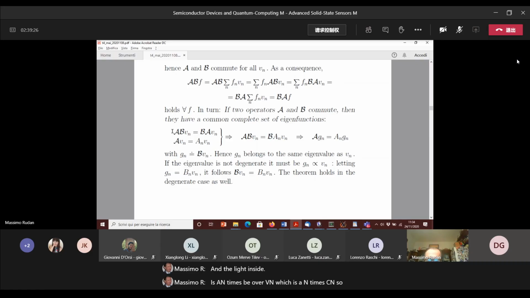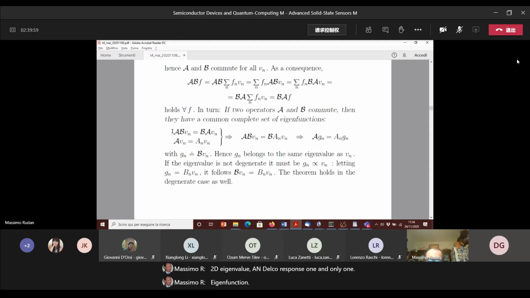So Gn is another eigenfunction of A, okay? That belongs to the same eigenvalue An. Now we have to distinguish between two cases. That is, if the eigenvalue An is not degenerate, that means that to the eigenvalue An, there corresponds one and only one eigenfunction.